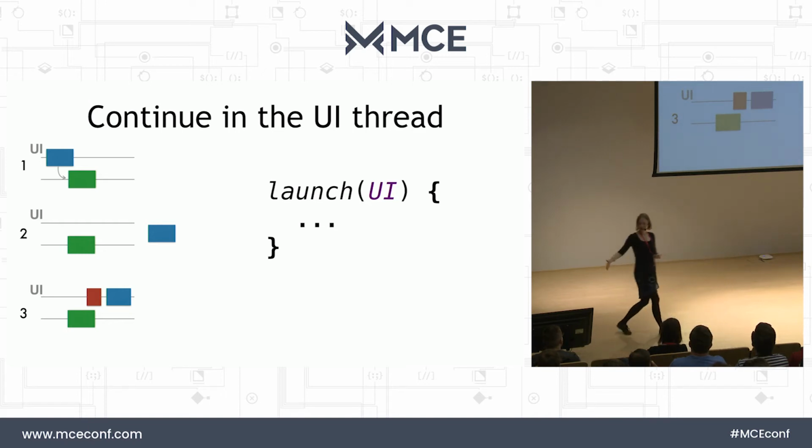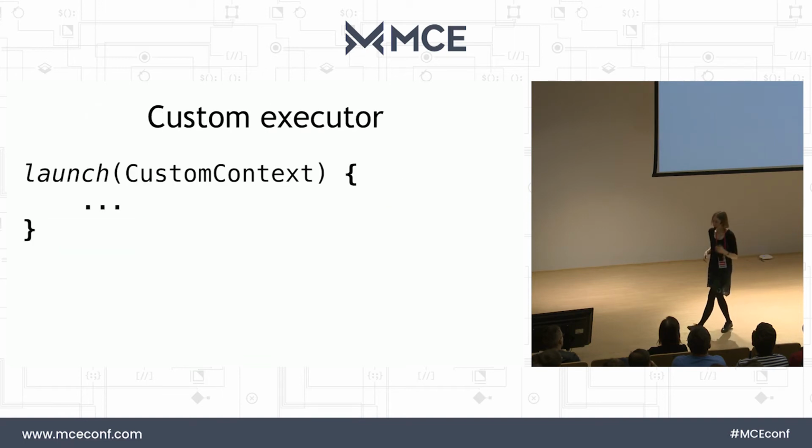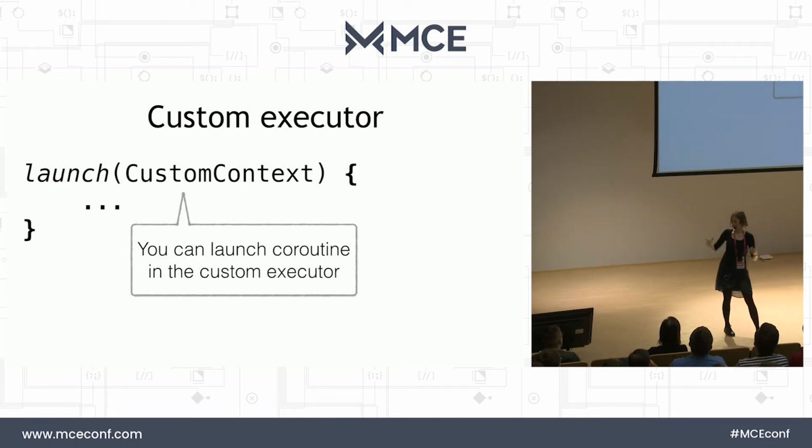So you see, while this blue computation was suspended, something else might have happened on the UI thread. So another red computation might have been executed on it. So it's not blocked. And when the result is ready, you can return your computation again back to the UI thread. You can also provide your own custom executor by defining a special coroutine context and passing it as a parameter to these functions.